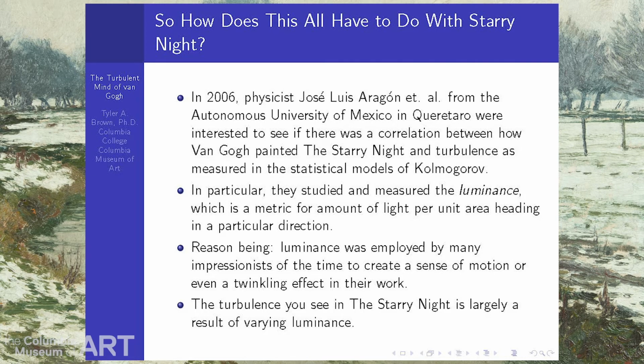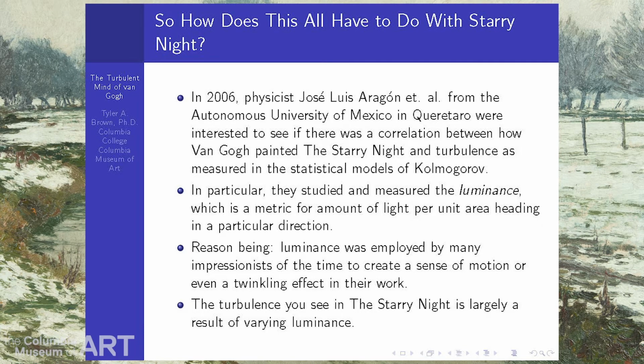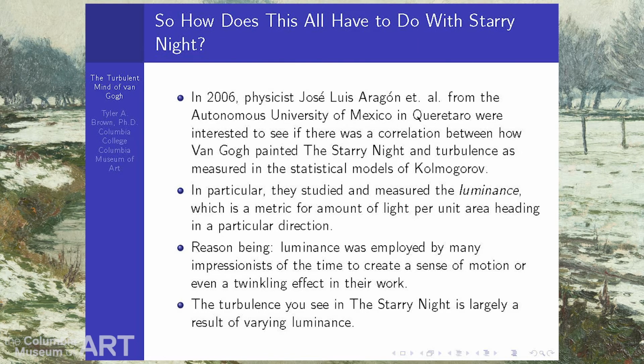In 2006, physicist José Luis Aragon, hopefully I pronounced that correctly, and his collaborators from the Autonomous University of Mexico in Querétaro were interested to see if there was a correlation between how Van Gogh painted the Starry Night and the turbulence as measured in the statistical models of Kolmogorov. In particular, they studied and measured the luminance of the painting, which is a particular metric for amount of light per unit area heading in a particular direction.